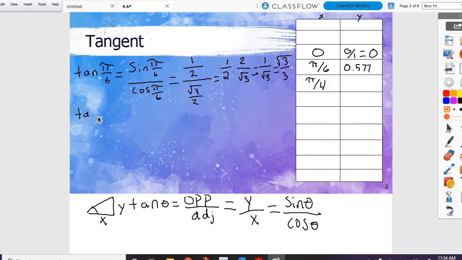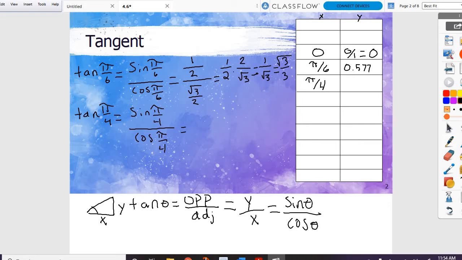Again, thinking about the same thing, tangent of pi over 4 is going to equal sine of pi over 4 divided by cosine of pi over 4. Well, what is sine of pi over 4? Remember, it's in the middle.